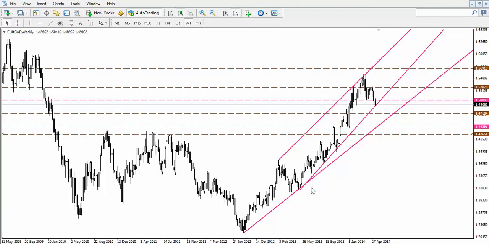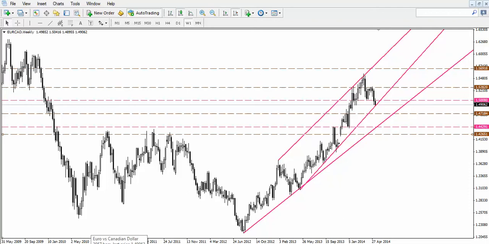There's this trend line up here, which I think represents quite a nice initial target area, and a slightly steeper channel, and we're just testing the bottom of that this week, so we'll need to wait and see what happens. But if it breaks through that, and we get through this monthly support, then I don't see why we can't at least retest this rising trend line.